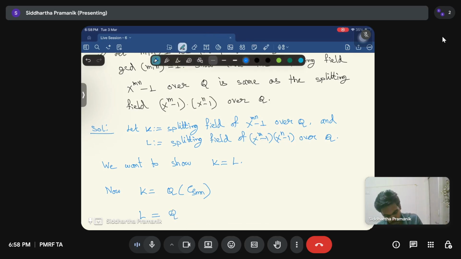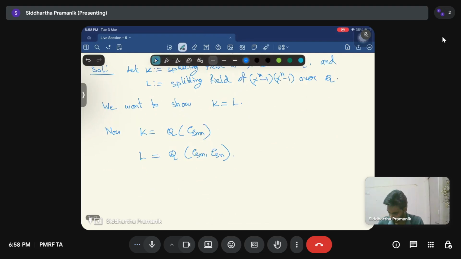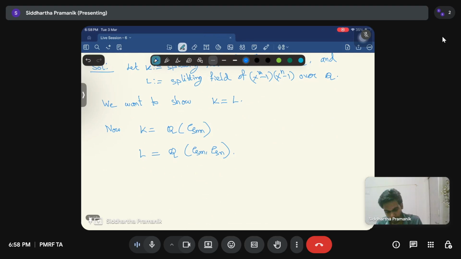So it must be generated by zeta m and zeta n. And we want to prove that these two are the same. So how to prove this? We need to prove zeta mn is in this field and zeta m and zeta n are in the other field. So basically we want to prove one is a subset of the other.